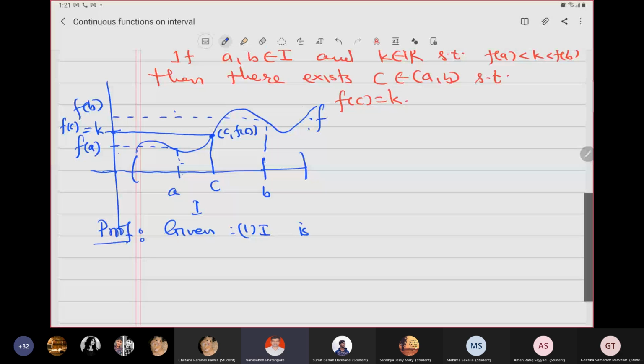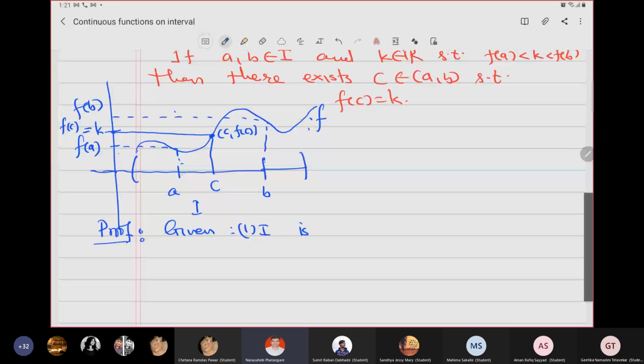Second, f from I to R is continuous. Third, a, b belong to I, and f of a is less than k, which is less than f of b.